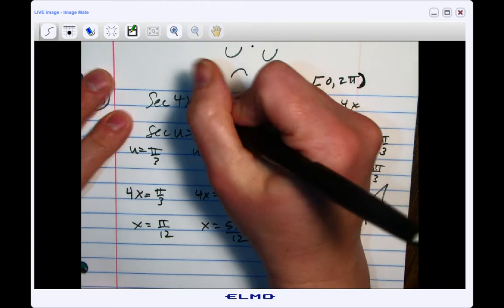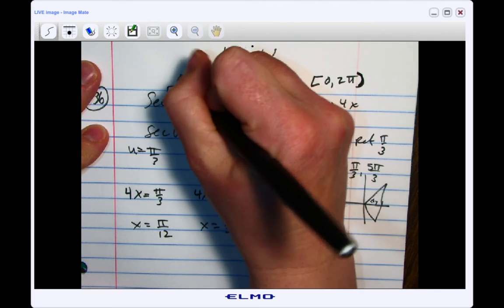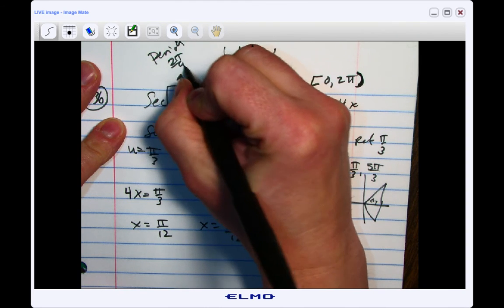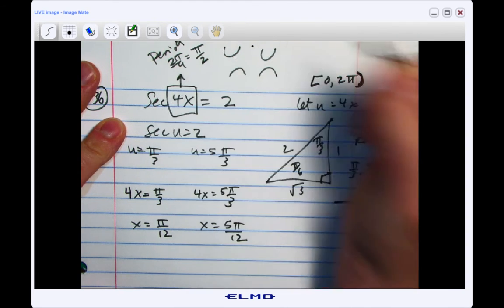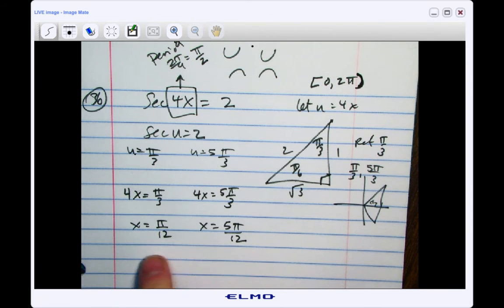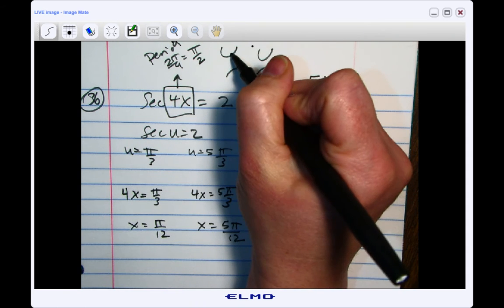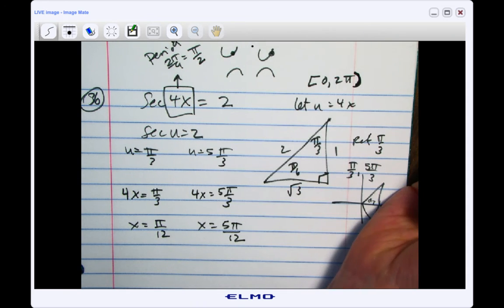And from here, if you watch the other videos, there are different ways to do it. But the way that I like to do it, because we know a lot about trig functions, I know that the period for this function is actually 2 pi over 4, or in other words, pi over 2. So we're really just going to be adding pi over 2 to these. If this is one of my solutions, then the next one will be pi over 2 away.